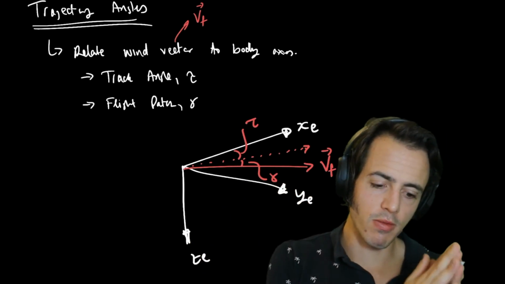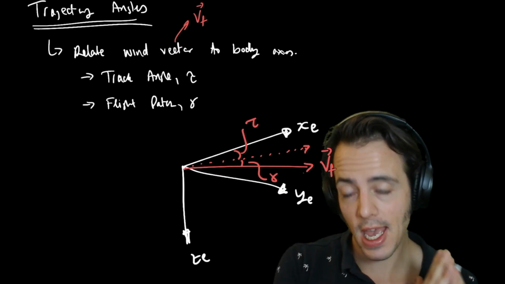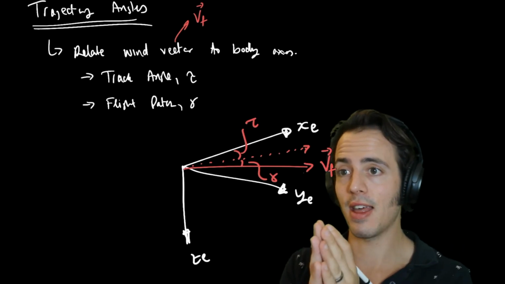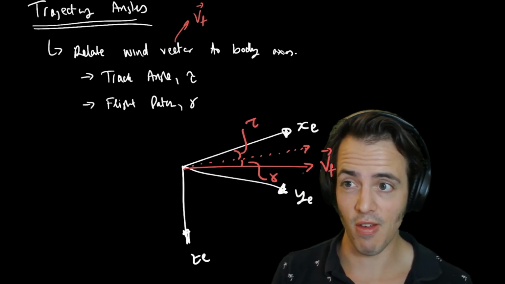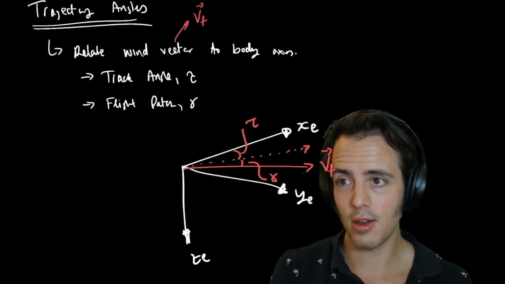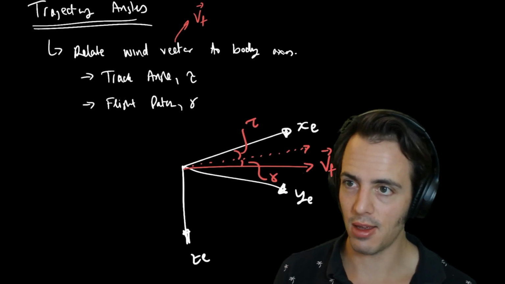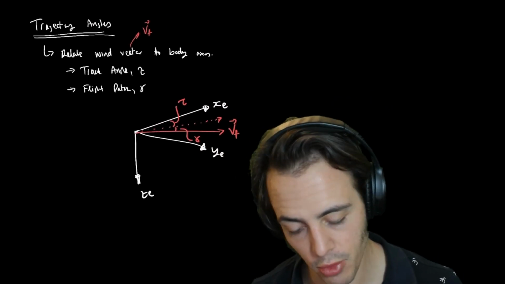Remember, going from VF to body, we go through side slip and then angle of attack. Going from VF to Earth, we go through the flight path and then the track angle. So the relationship's just the other way around. We go through what feels like a yaw rotation second with this, whereas with the other transformation we go in the other order.